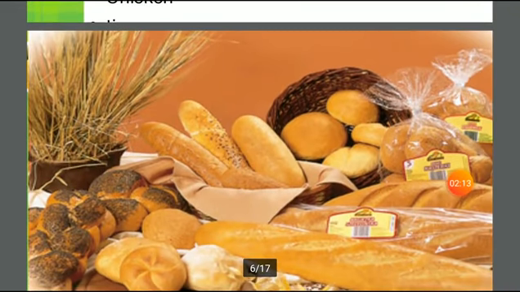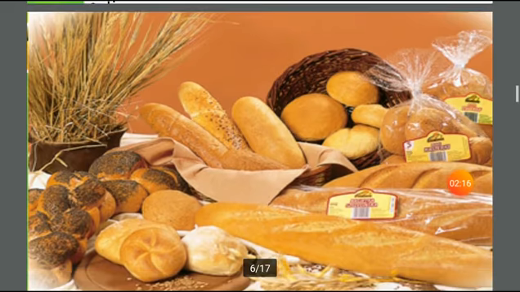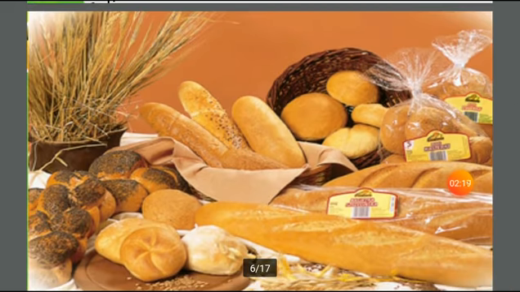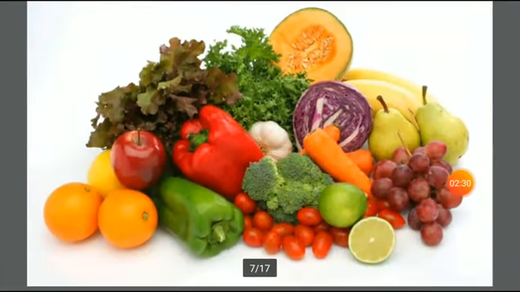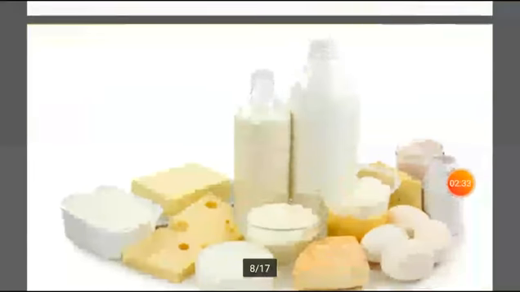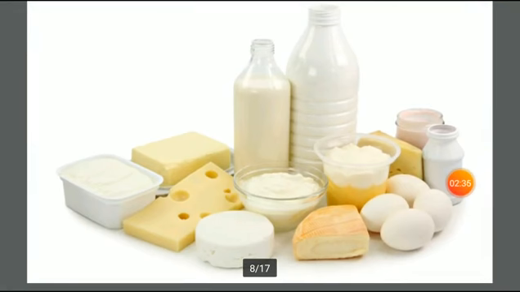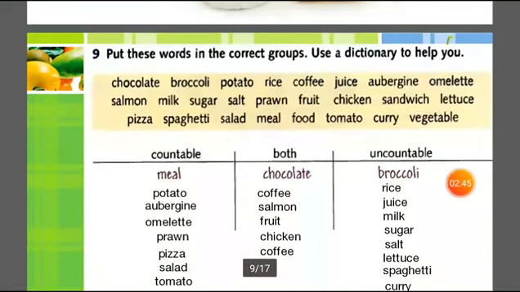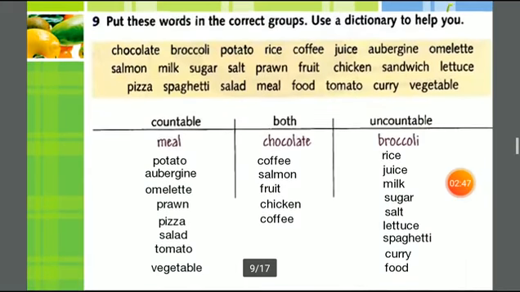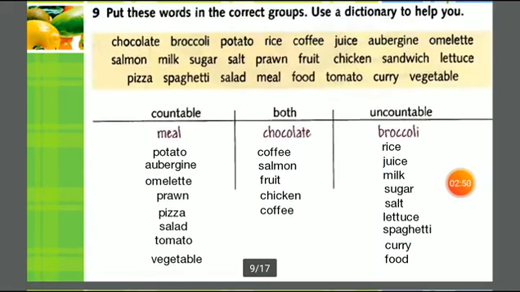And you can see several pictures which are related to countable and uncountable nouns. First one, bread, biscuits, and second one, vegetables, fruits, and third one, milk, cheese, flour, egg, and etc. Then you can see one exercise which is related to this topic.